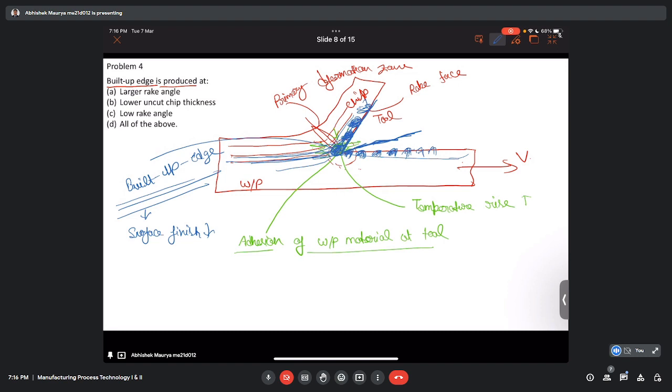Because of this process, a large fluctuation of load takes place, and because of this, vibration comes during the machining, which is not desirable. Undesired vibrations occur.